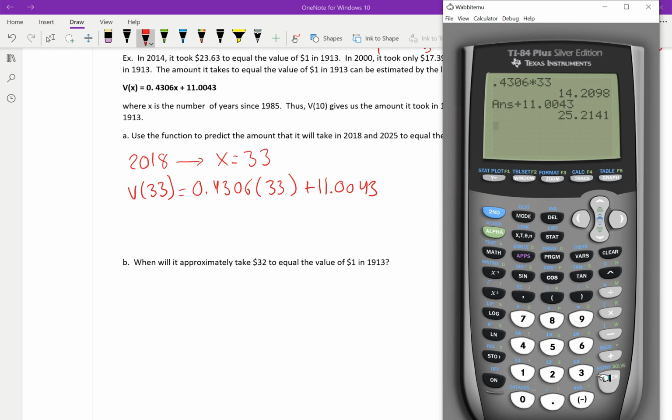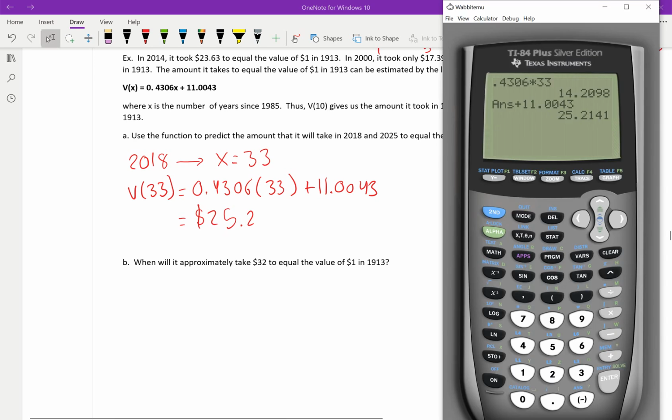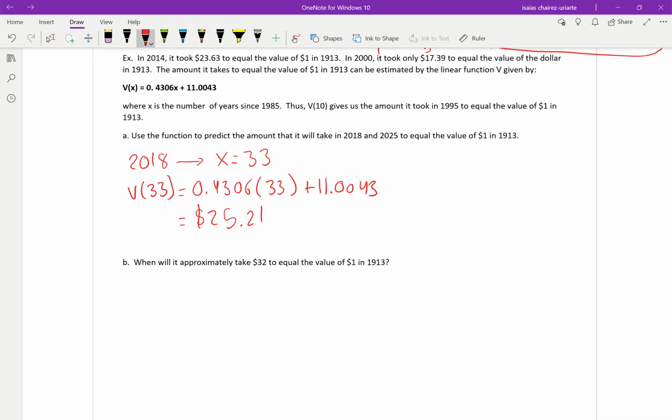Okay, so that gives me 25 and about 21 cents. So in the year 2018, $25.21 was the same as if you had had $1 in 1913.